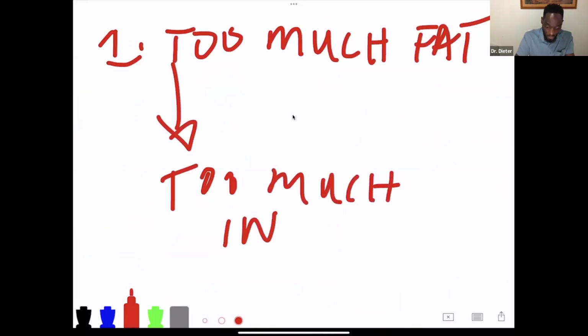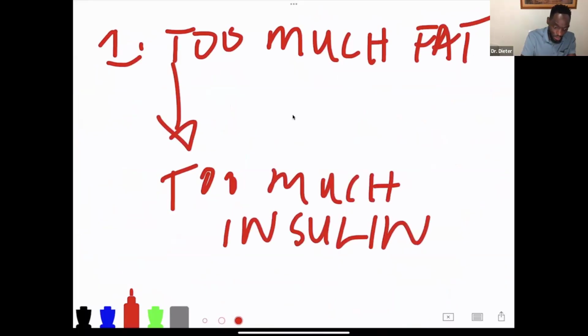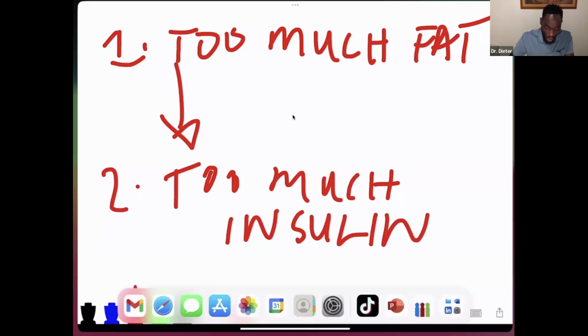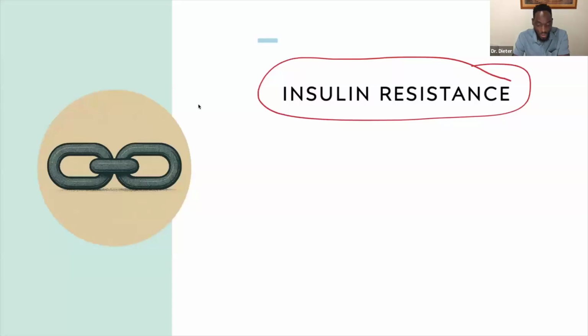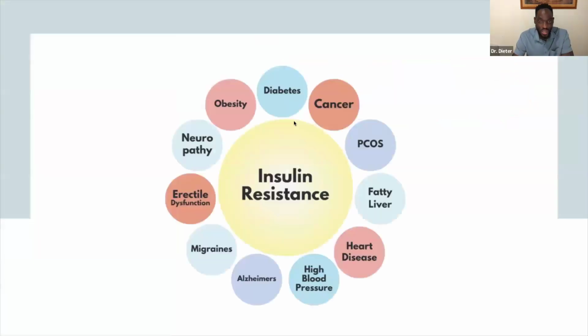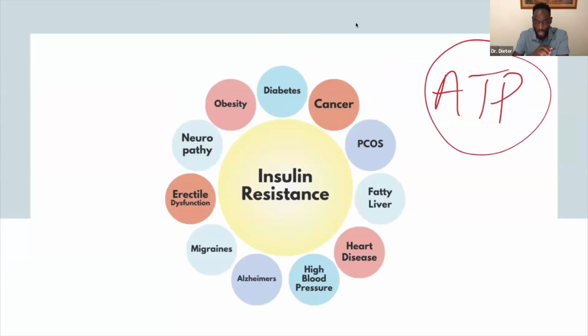Too much insulin. Now, keep that in mind because you're going to see how the solution, which I describe later, fits into this. And when you have insulin resistance, you now have a slew of diseases. Remember, insulin helps to secure energy, ATP. By insulin causing the cell to take up glucose, energy is produced.